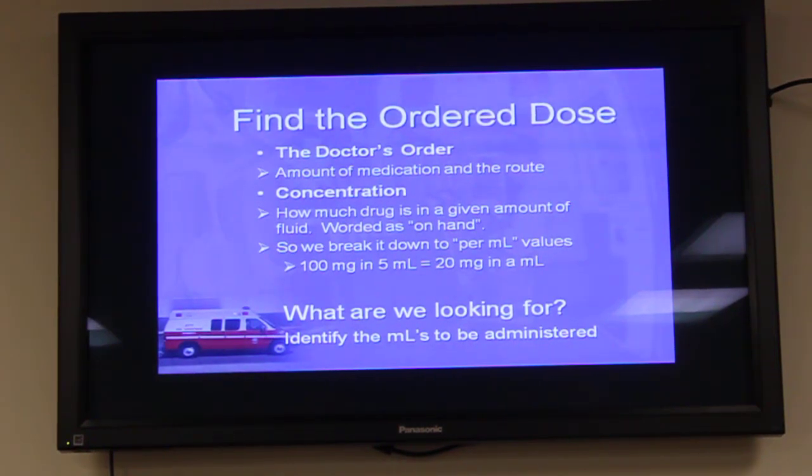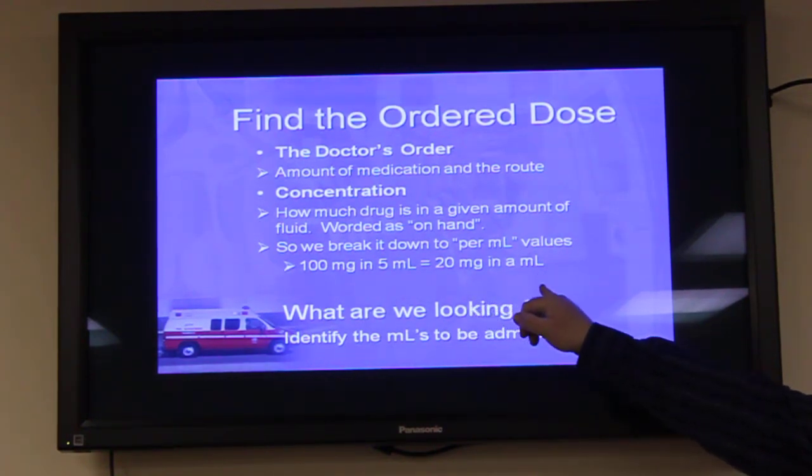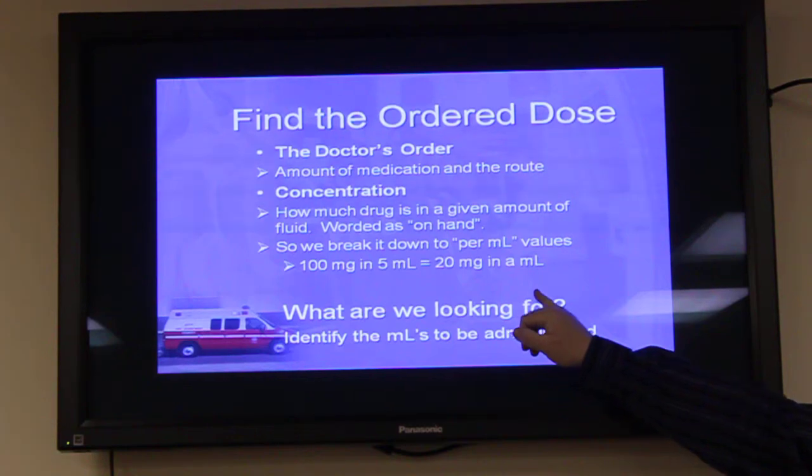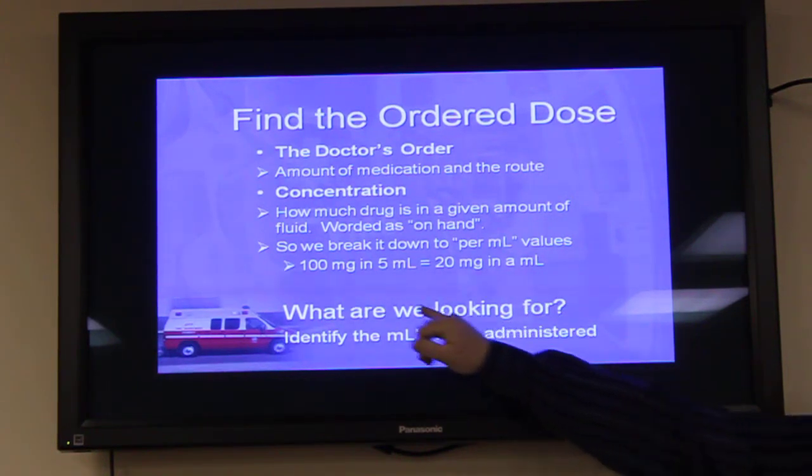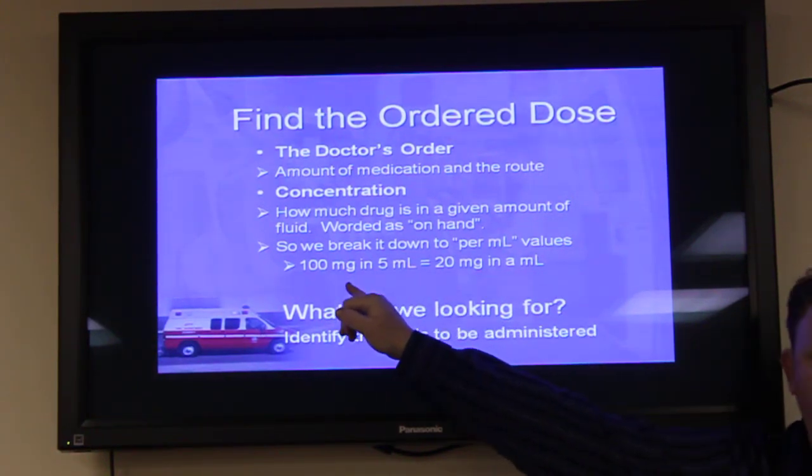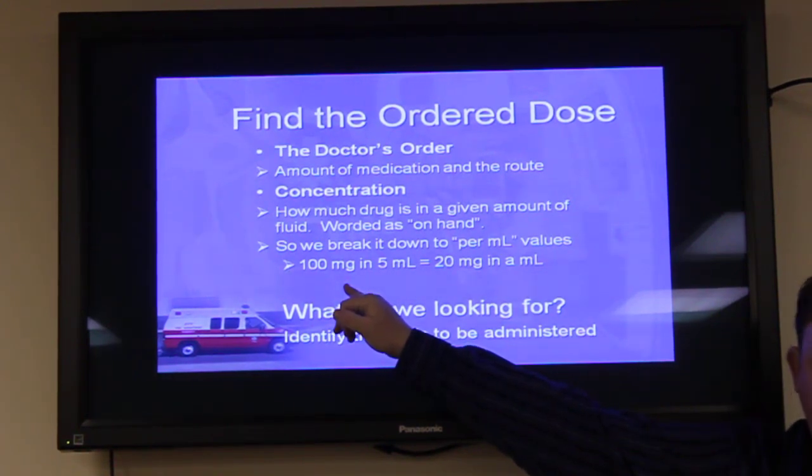So what are we looking for? We're looking to identify the milliliters that are to be administered. Now, it's kind of important to note here as well that as we're just learning this, why do we need to figure out what the milliliters are? Why is that important for us? I can tell you why. We can't see the milligrams. We can't actually see the medicine that is in that particular vial.